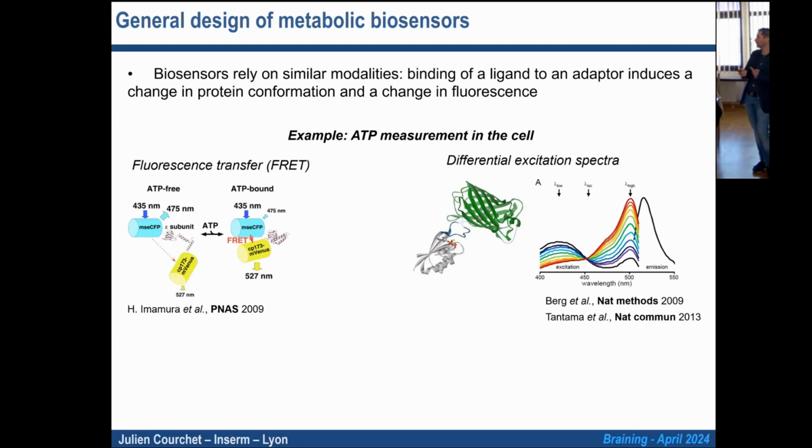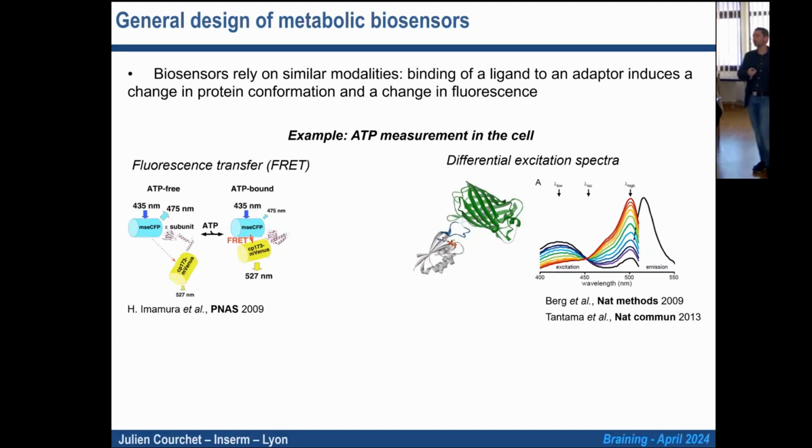And in conditions that are rich in ATP, it will not be that much excited at 405, but really much excited at 480. And if you have low ATP but high ADP, you would actually be the black curve, so you get more excited with the lower wavelengths and less excited with the higher wavelengths. So you just take two pictures of the same cell, and then you can quantify how much ATP and ADP there is in the cell.